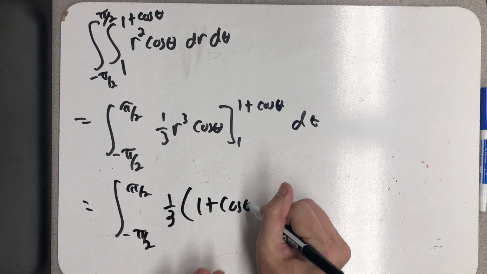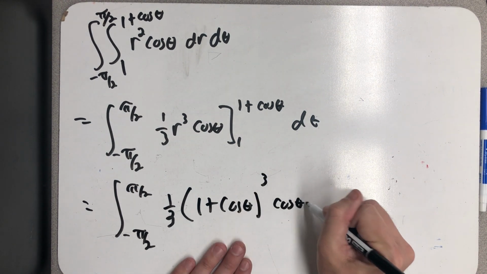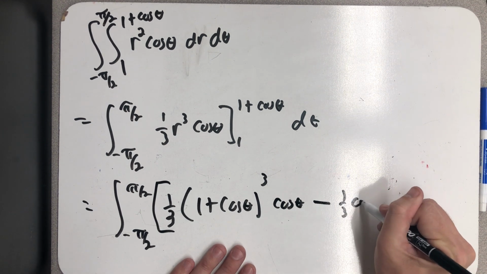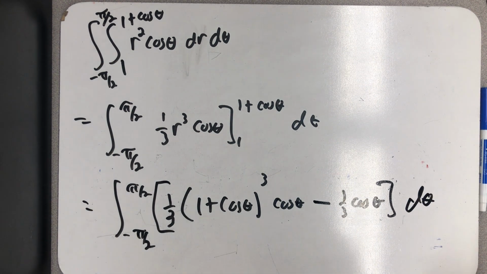So I need to cube this times cosine theta minus 1/3 cosine theta d theta.